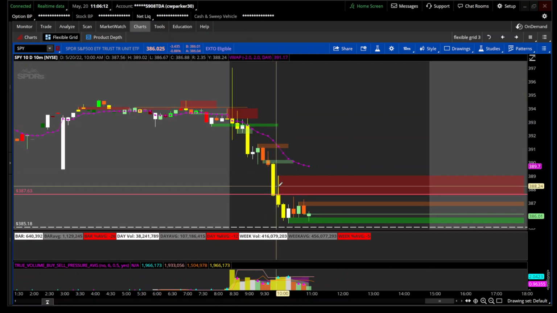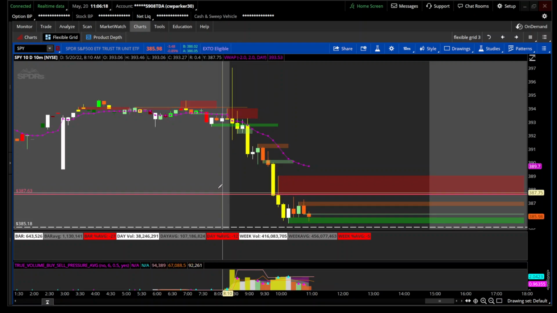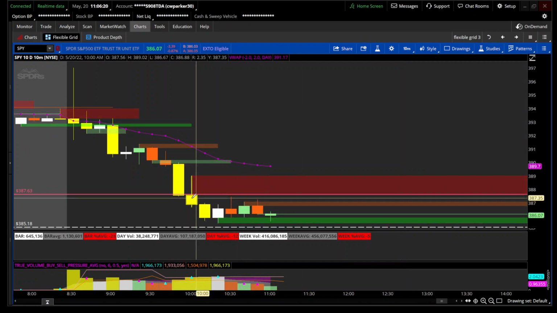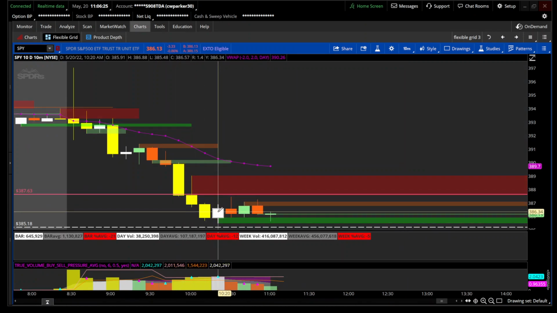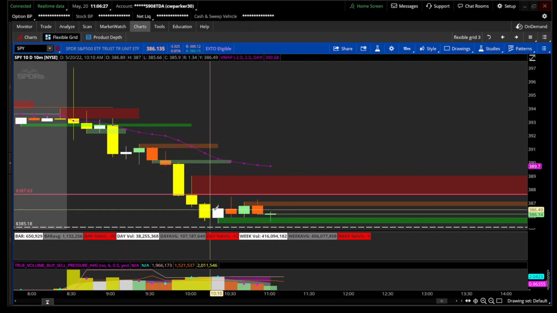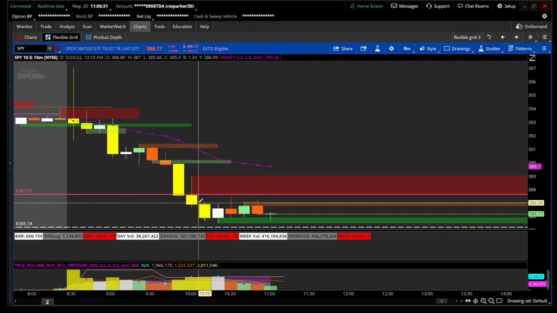So right now, what you're seeing with these irregular bodies is that this body is smaller than the preceding body, but it has more volume than the previous body. Same situation with this white candle as well. It's smaller than this candle, but it has more volume, which indicates pressure.